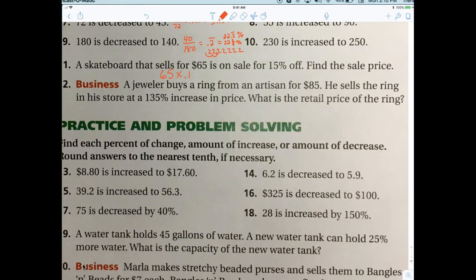Do 65 times 0.15. 9.75. Now, right next to that, I want you to write discount. That's the discount. So what do you have to pay for it?